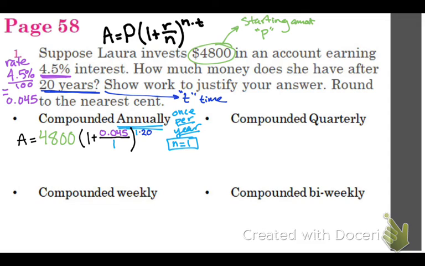Oops. Wait, what's there? Right there. You need the 1, so let's go back. Right there, 1 plus. And then we do the fraction. And then we use these arrows, we go down. 1, and then we go to the right.